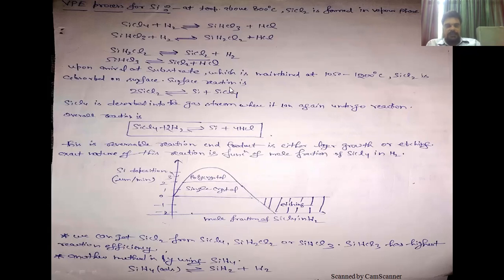In that case, the reverse reaction will take place, and instead of deposition, there will be etching onto the substrate. So etching will occur after this particular mole fraction of SiCl4. It depends upon us whether we want epitaxial layer growth or etching.